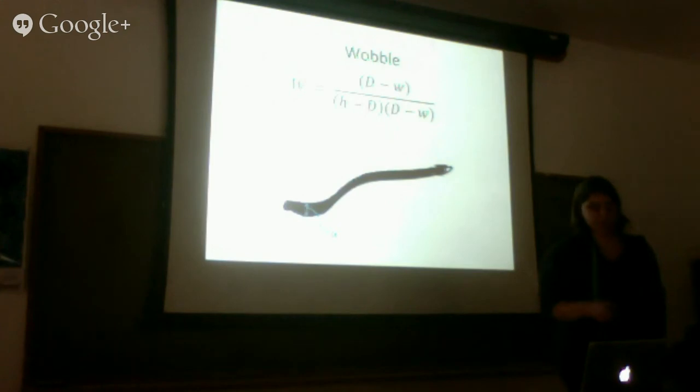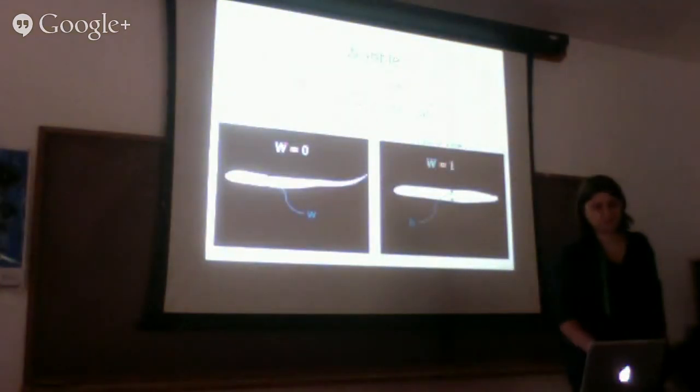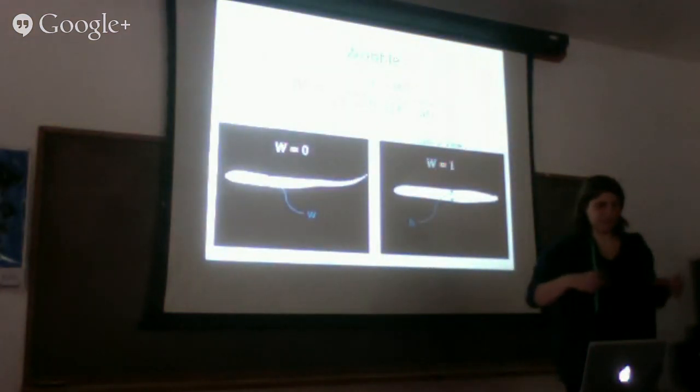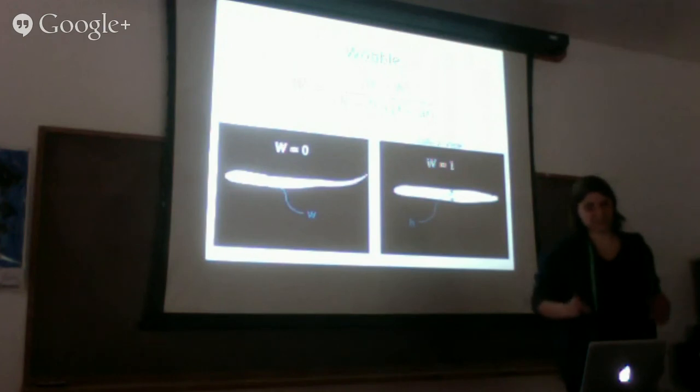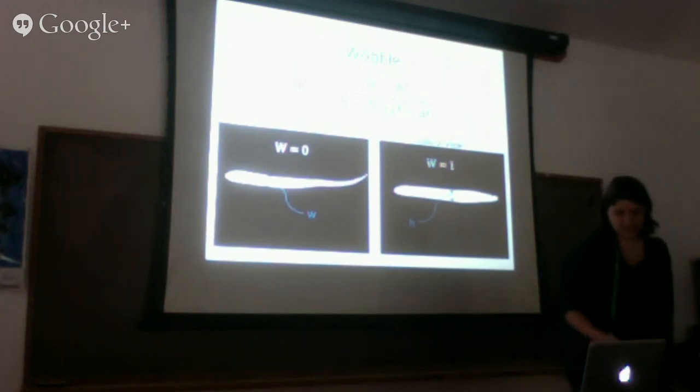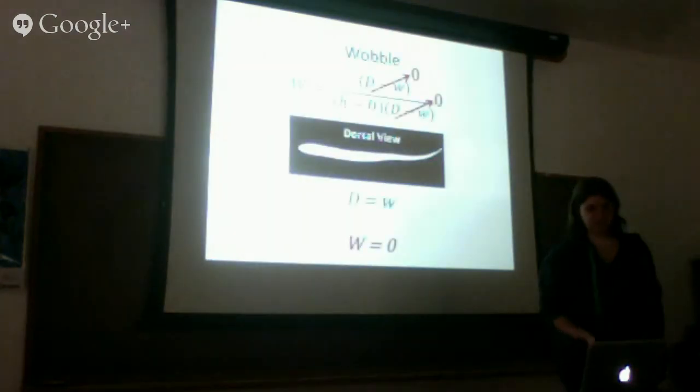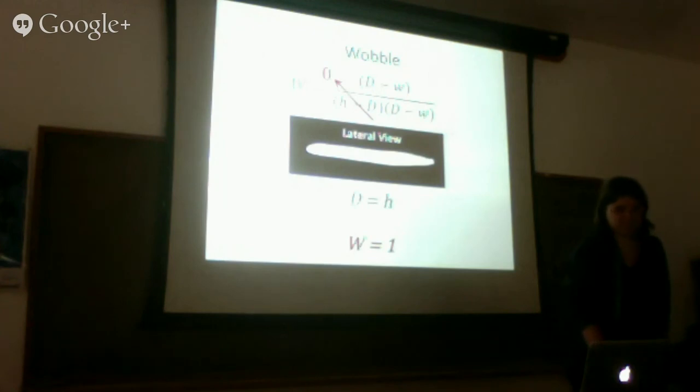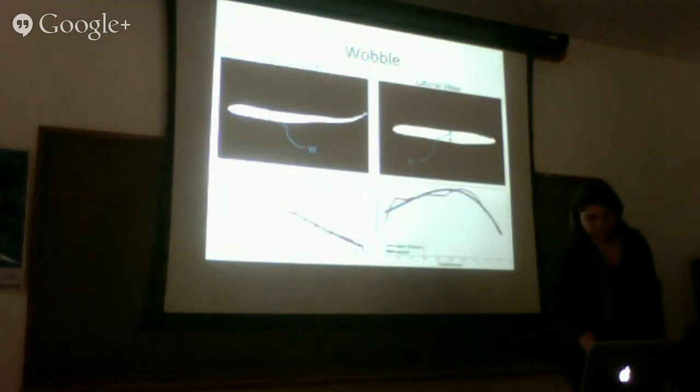The big W for wobble goes on a scale from 0, or 0% wobble, to 1, for 100% wobble. 0 is when the fish is perfectly dorsal, and 1 is when the fish is perfectly lateral. This works out because when the distance you're measuring is the same as the width, these terms cancel and you get 0, and when the distance you're measuring is the same as the height, you get 1.